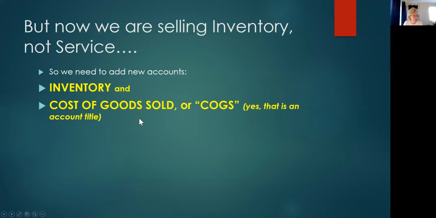So we have 2 more new accounts, inventory and cost of goods sold. Okay. And yes, that's an account title. You can abbreviate it as COGS. It's a really goofy account title because it's 4 words, but nobody does that. They say COGS. Now, if you look on financial statements, sometimes they rename that cost of sales. It means the same thing.